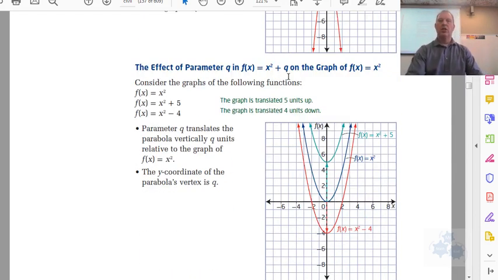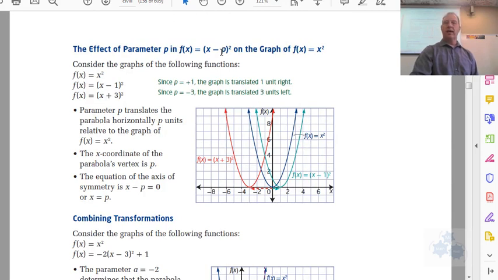The q outside of the x squared moves the vertex up and down, because remember, it's the y value of the vertex. If it's plus 5, it goes up 5 units. The shape doesn't change, just the position, and if it's a minus 4, it goes down.